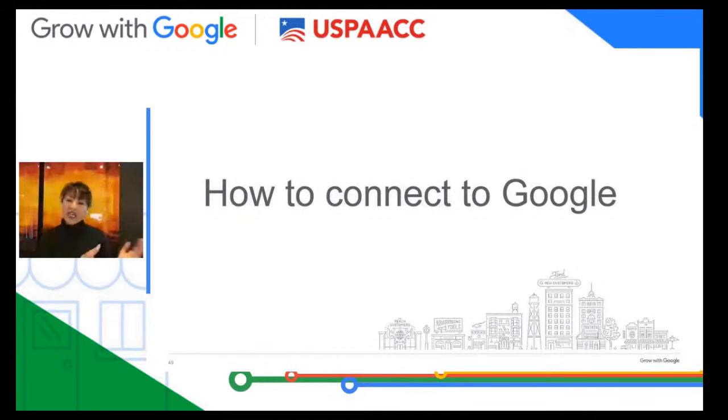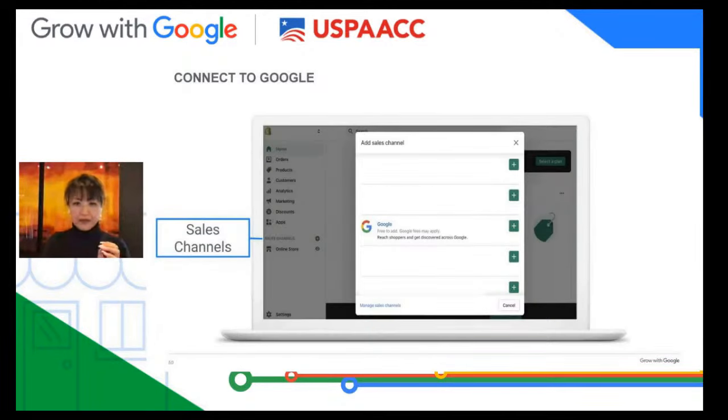Now that we went over Shopify and the value and the importance of it, and that's an example, right? You can have other e-commerce platforms, but once you have your Shopify set up with your products, then we're going to connect to Google. So jumping back to the Google Merchant Center, you have a space here on your left where it says sales channels in the left column.